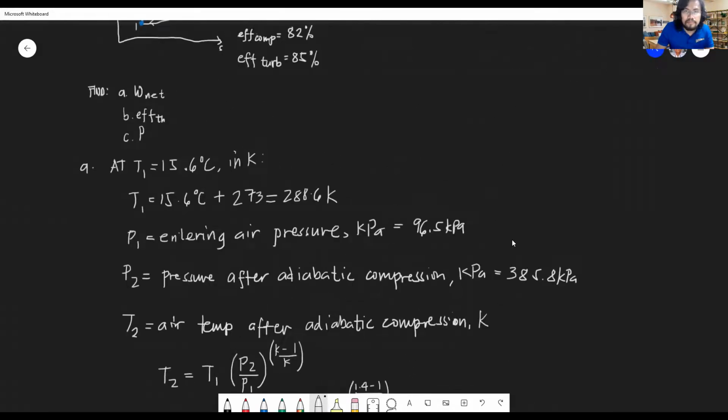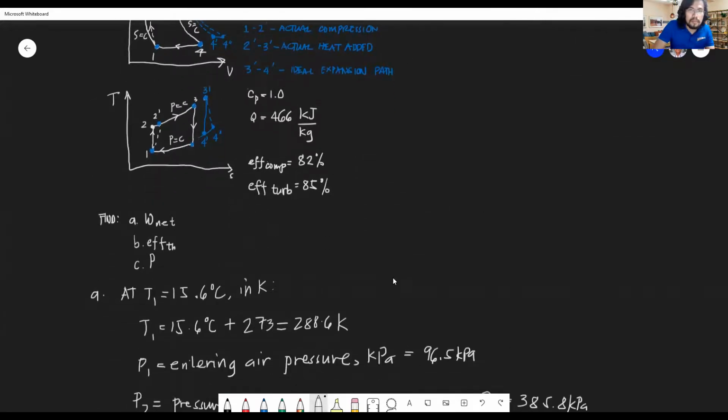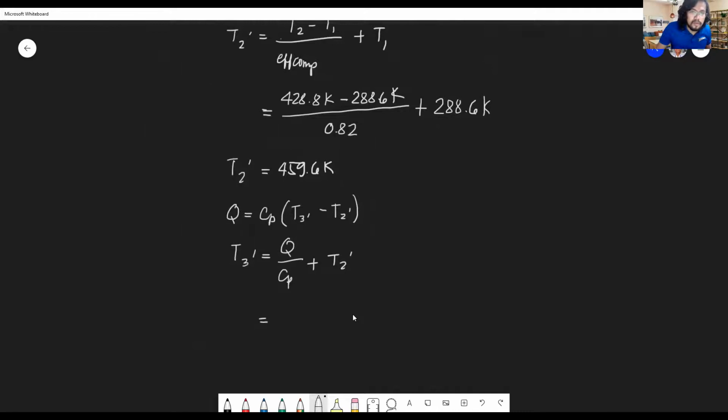And what do we get? We have our Q at 466, right? That is our Q, okay, over here. And we have our CP, also given. We can simply compute for this one, which is 466 kilojoules per kilogram over the CP, which is 1.0, plus the T2 prime, which is 459.6 Kelvin.